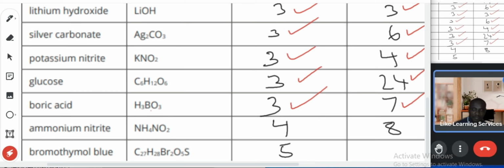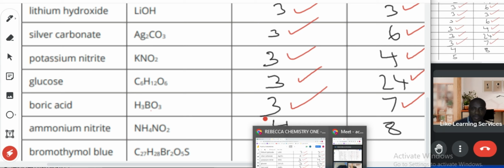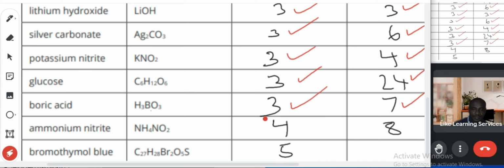Where did you get the 5? Oh, I'm sorry, I'm looking at the wrong one. 1, 2, 3. Yeah, there are 4 elements. Are you sure? Yes. Check again. What are the elements? N, H, N, O. Why are you naming N twice? The question is how many elements? What does N stand for?